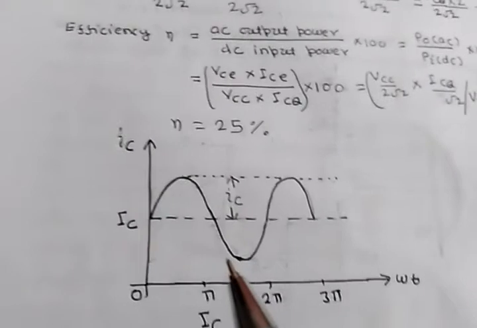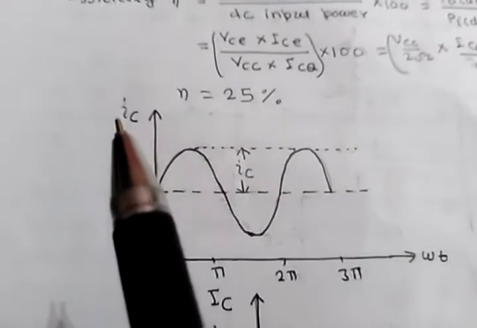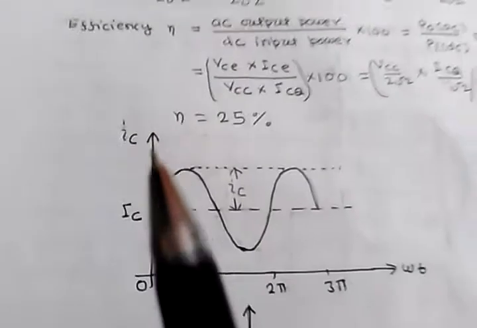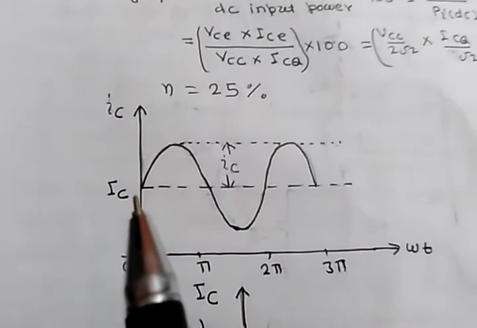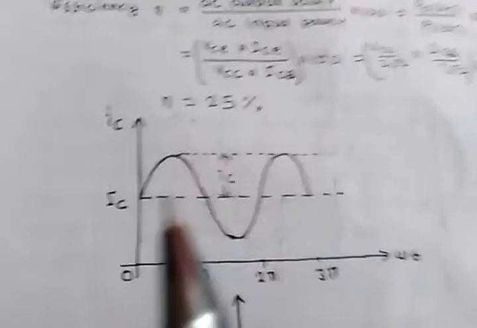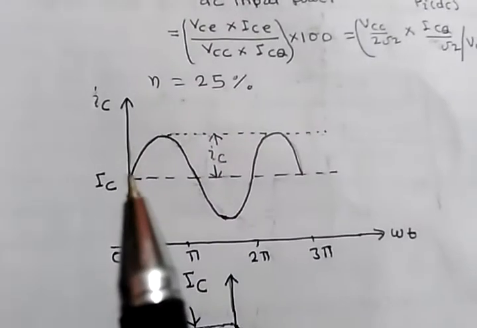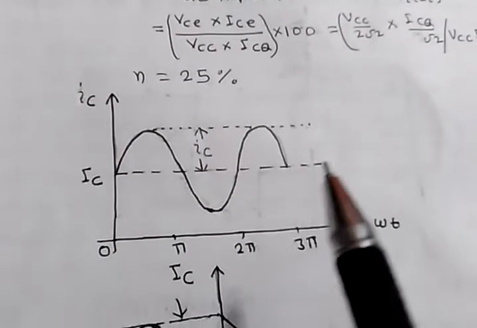This figure shows the variation of collector current. The total collector current is the addition of two components. First, this component capital IC, and second, this small ic, which is the signal collector current. This capital IC is the DC bias collector current.